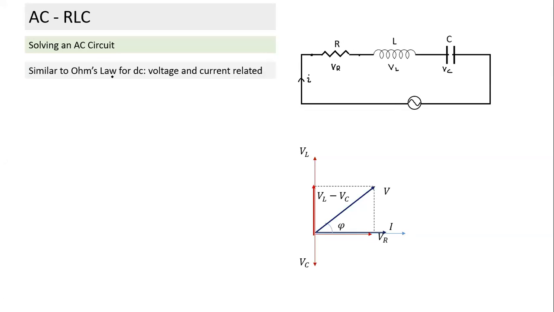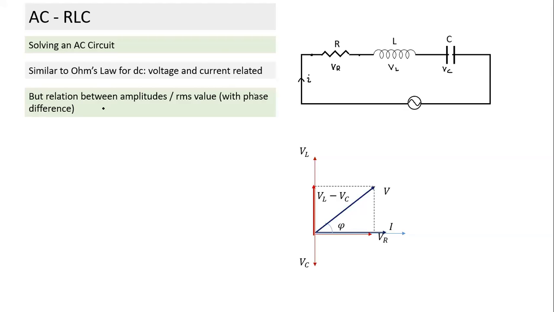Something similar to Ohm's law. In all cases, it is something similar. That's how we can interpret AC circuit also. So VR and I are related. VL and I across inductor are related, and VC and I are related. How are they related? The relationship is between amplitudes.